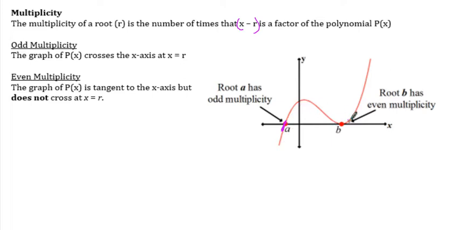It doesn't bounce. This root b has an even multiplicity. So the factor that might have caused that might have been (x minus b) squared. This has a multiplicity of 2, or some other even multiplicity. Bounces have even multiplicity, or even powers on the factors. Cross-throughs have odd multiplicity.